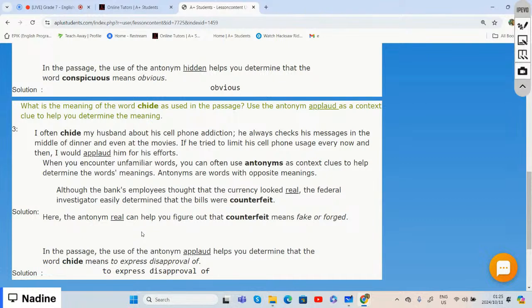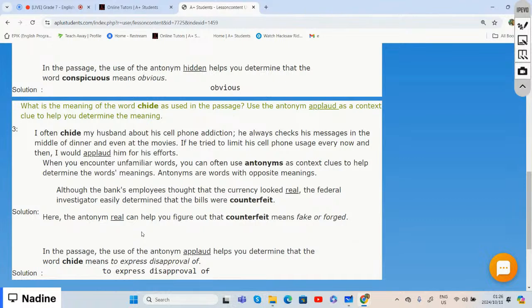Right? And remember, we say that when we encounter unfamiliar words, we can just look at the antonym as clues to determine the word's meaning. And if we look at the word chide, and the antonym applaud, we need to give the opposite of applaud.